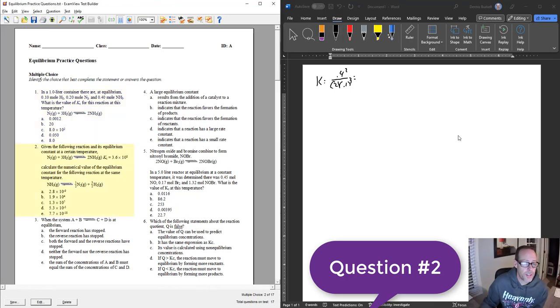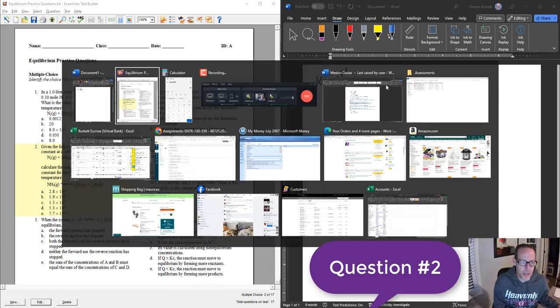Given the following reaction and its equilibrium constant, calculate the numerical value of the equilibrium constant for the following. So if I look at those two equations, to get the bottom equation, I need to reverse it and take the square root of it, because my coefficients are all half of what they are. So I'm taking the square root and reversing it because it's the opposite direction.